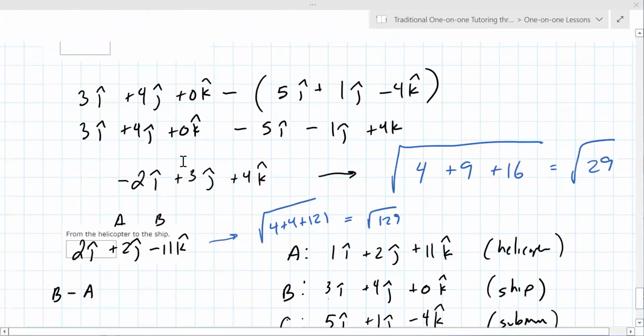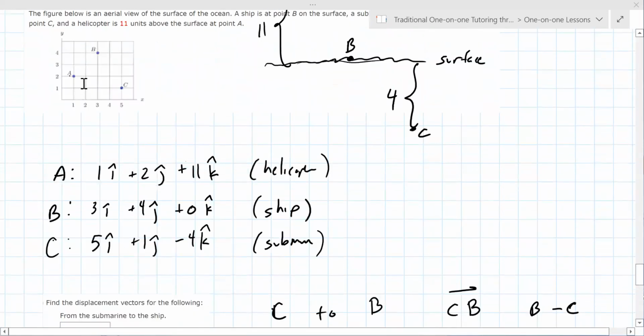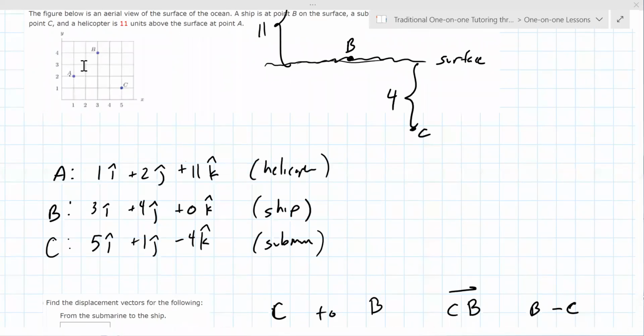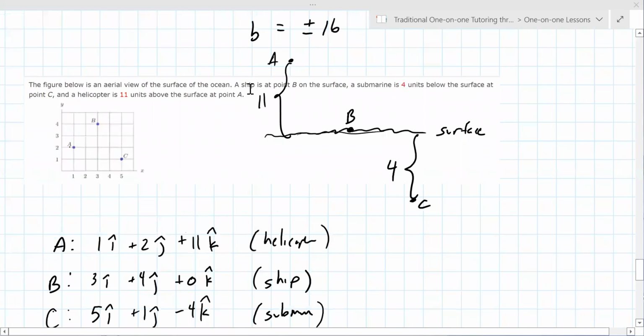Going back and looking at this, they're saying which 2 are closest in 2 dimensions, which is A and B, a ship and a submarine. Isn't that what I just selected? We'll have to come back to that. Okay, let's look at another question here.